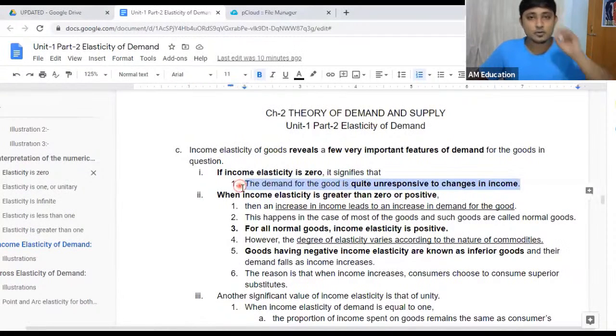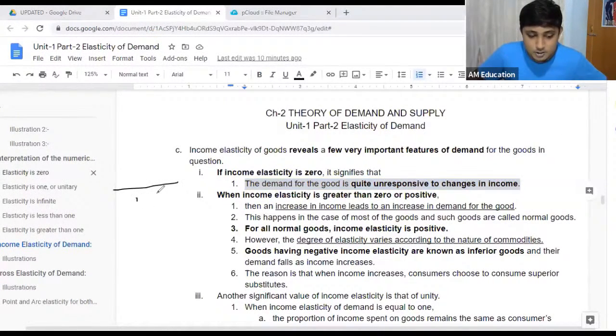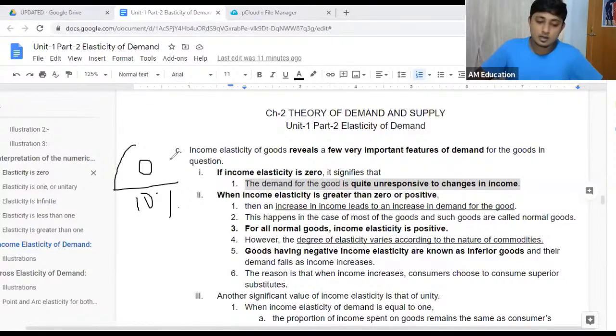The demand for that good is quite unresponsive to change in income because the percentage change in income is 10%, but the percentage change in the quantity demanded for that good is zero. Isn't this what elasticity being zero means? Yes or no? Yes, sir.